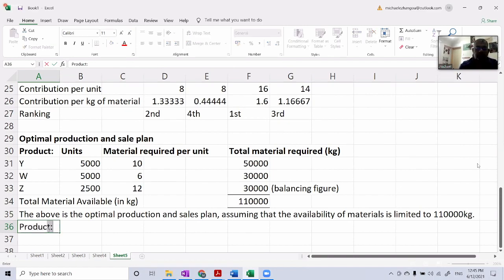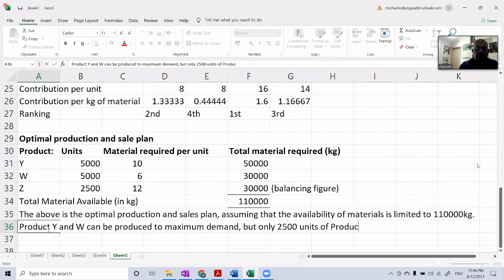Product Y and W can be produced to maximum demand, but only 2,500 units of product Z can be made. Product X cannot be manufactured.